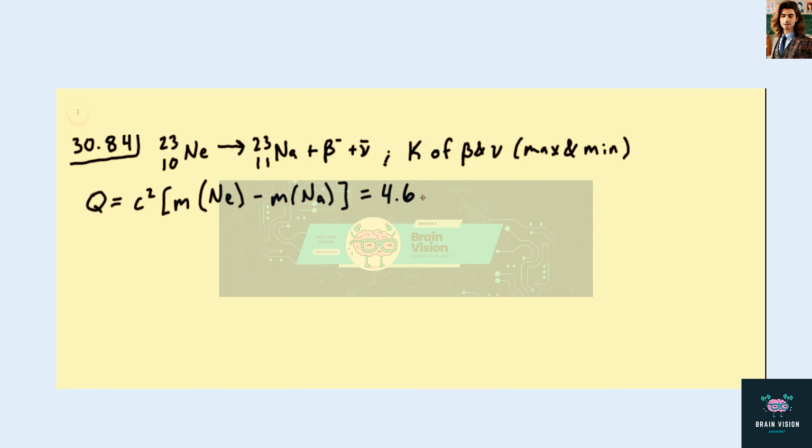And so then this is 4.6 mega electron volts. By using the atomic masses, this accounts for the emitted electron, our usual way of doing things.